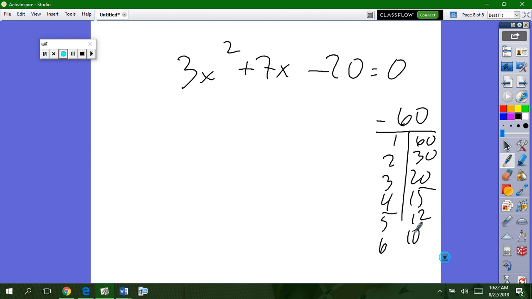Can 7? 8, 9, 10's on the other side. Notice I went all the way until I wrapped around, correct? Just remember to take your chart all the way down until it wraps around, okay? All right, which is the pair that is going to get me to 7? 5 and 12, right?